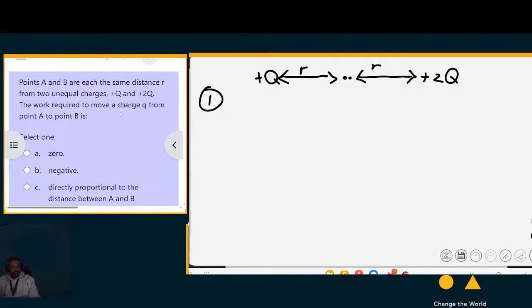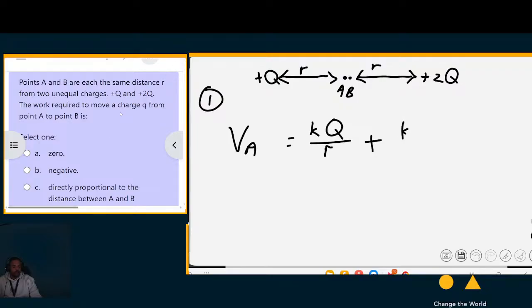So that's point A, and the potential at B. The potential at point A is equal to the potential due to charge plus q and the potential due to charge plus 2q. So the potential due to charge plus q is just kq over r. That is due to just q, and then we add the potential due to 2q.